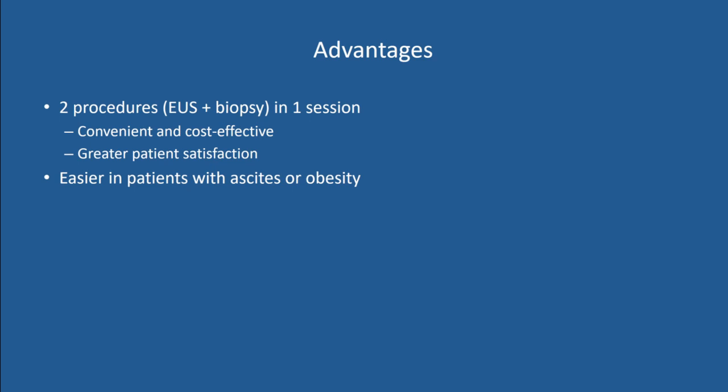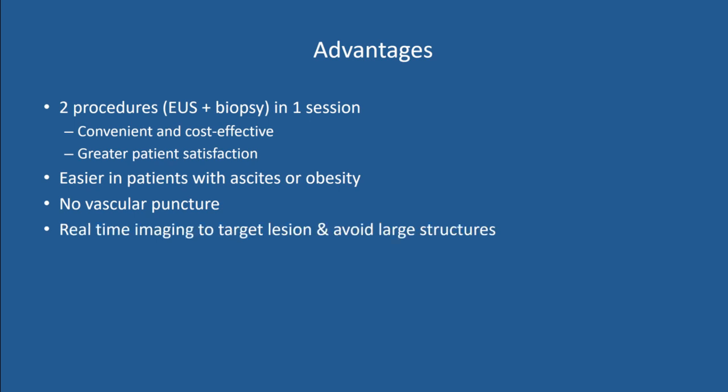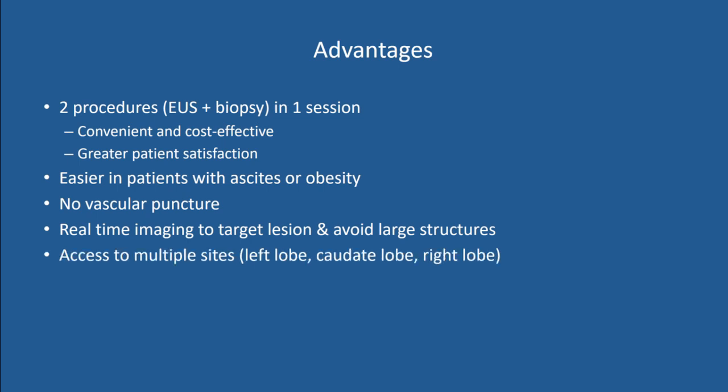It is easier in patients with ascites or obesity because you cannot do a percutaneous liver biopsy with these conditions. You can do a transjugular, but there is vascular puncture, which we don't have with endoscopic ultrasound biopsies. And there's real-time imaging to target the lesion and avoid large structures. So you're actually looking as you're doing this biopsy, and you will avoid any large vascular structures.